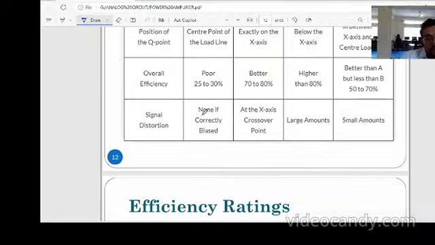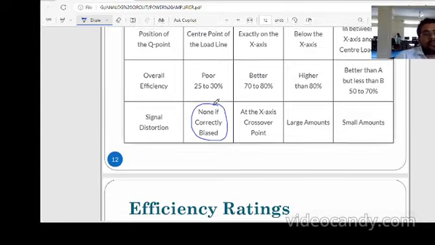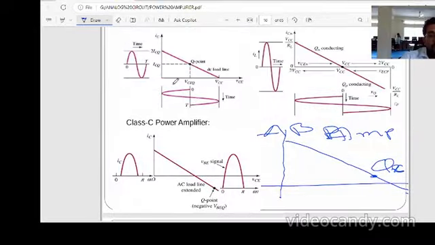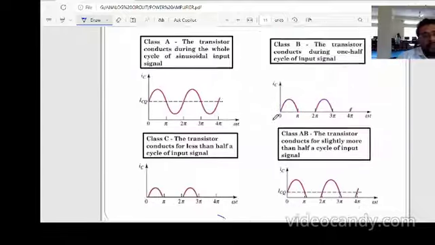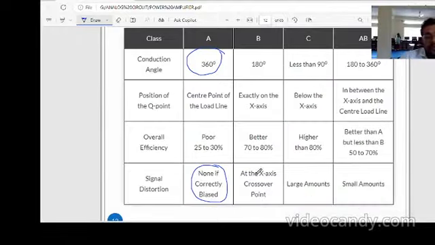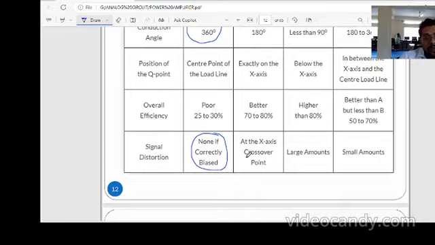Signal distortion: in class A there is none if it is correctly biased. There is no crossover point at the x-axis. There is no type of distortion, and the complete signal appears at the output. It is only amplified. In class B there is crossover distortion, because the Q point is at the x-axis.